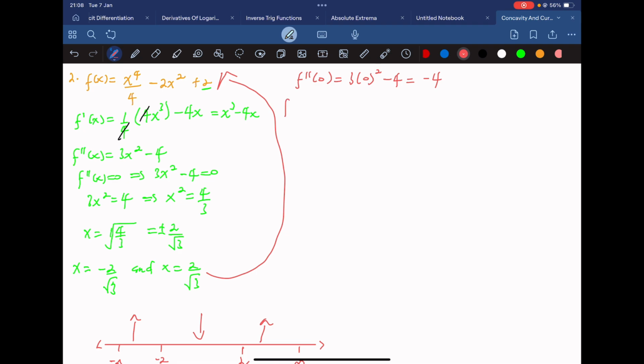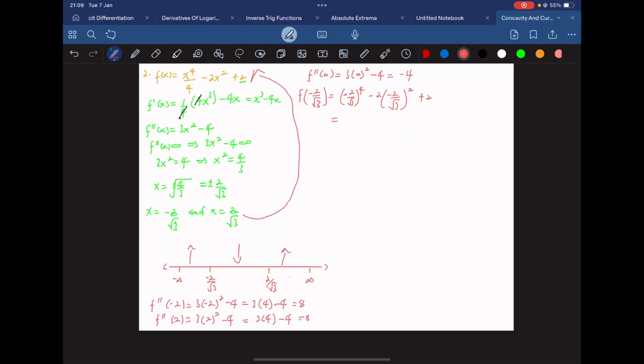So let's find the first one. For the first one, we have negative 2 over root 3. So that is basically negative 2 out of root 3 to the exponent of 4 minus 2 times negative 2 out of root 3 squared plus 2.